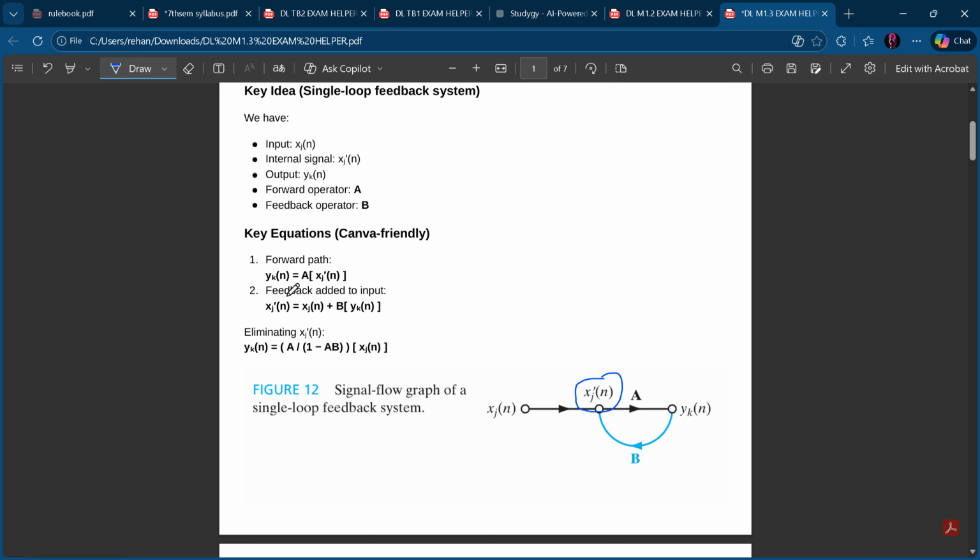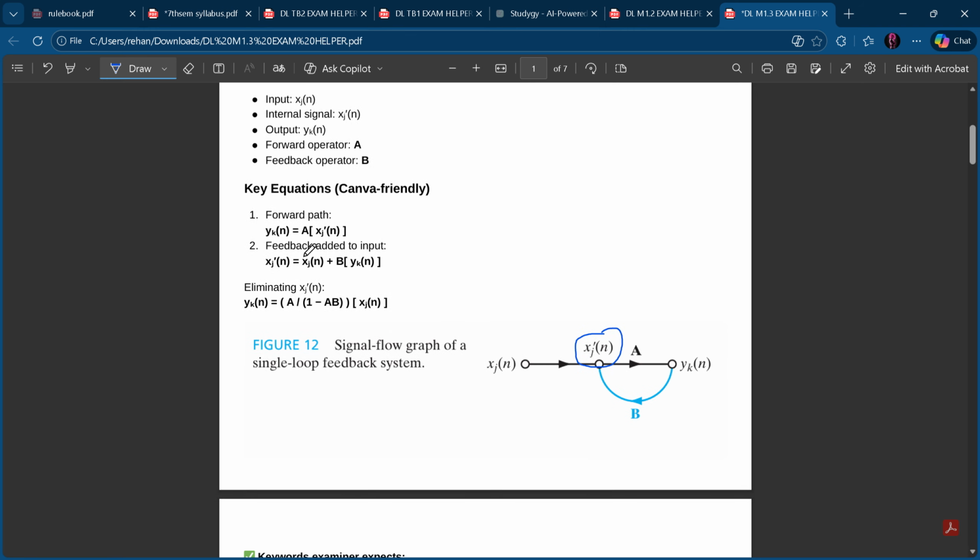Here we have the forward path: yk of n is equal to A of xj of n. This is forward, nothing but this into this, understood? Very simple, right? Then the feedback path: xj of n is equal to this plus B into this.